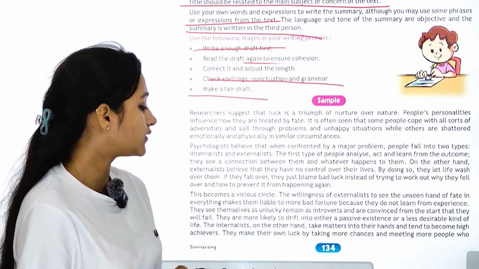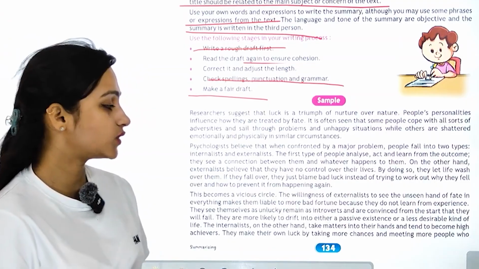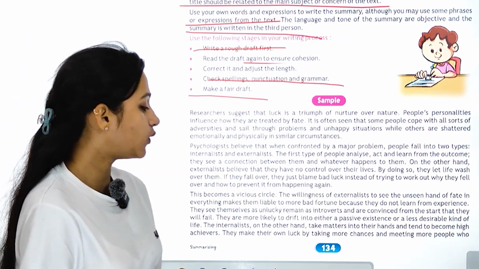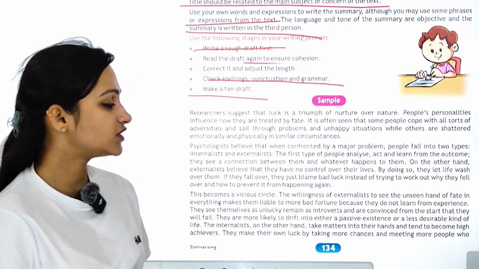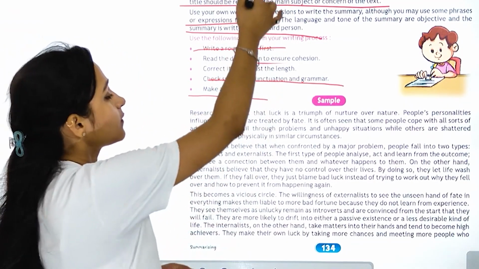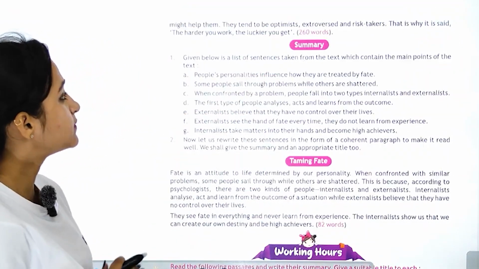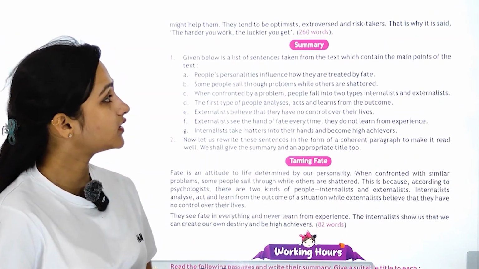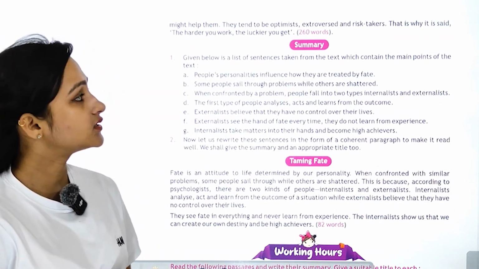The internalists, on the other hand, take matters into their hands and tend to become high achievers. They make their own luck by taking more chances and meeting more people who might help them. They tend to be optimists, extroverts and risk takers.